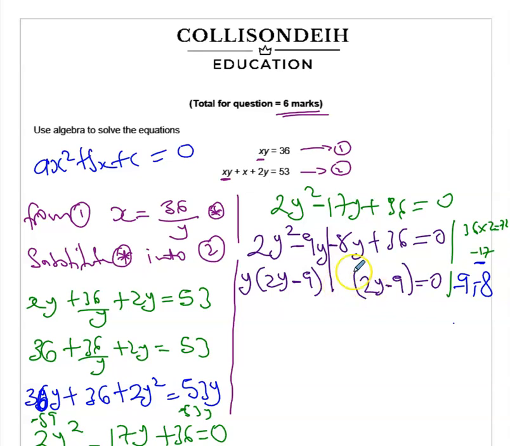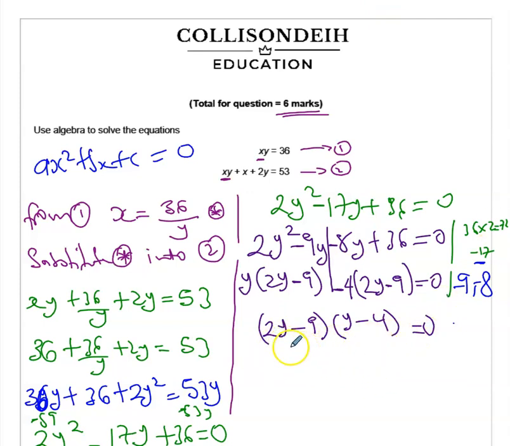When you multiply by 2y, you get minus 8y, and you should get what? Negative 4. Hence, the common factor on both sides is 2y minus 9, leaving us with y minus 4 equal to 0.